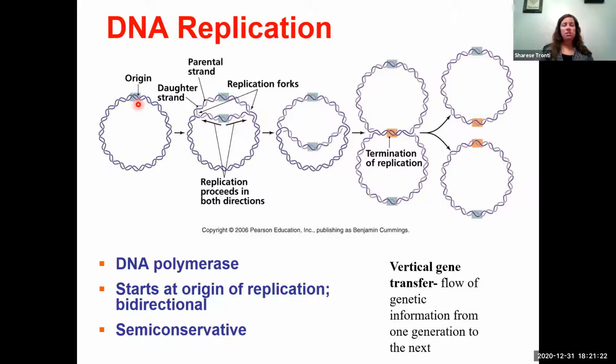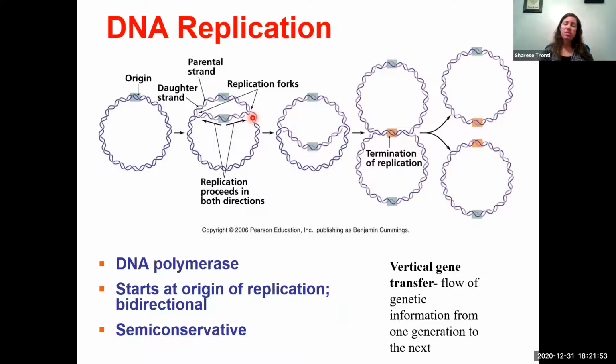What's going to happen is those two strands are going to separate, and each of those separated strands is now going to serve as the template, or a DNA template. And so it's going to form a new strand on each of those old strands. So here we have, they're representing the darker purple as an old strand, and a lighter purple as the new strand that's being built for each of these new chromosomes.